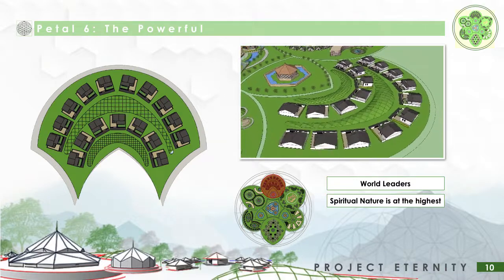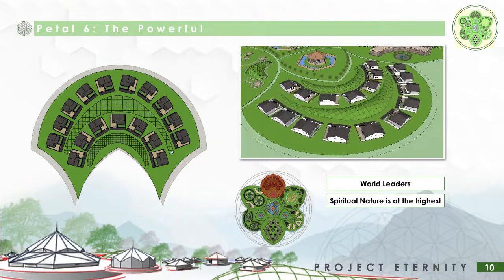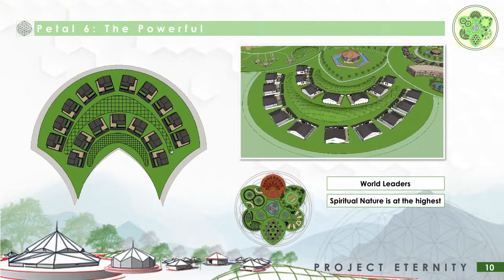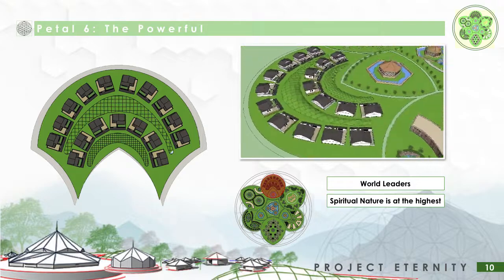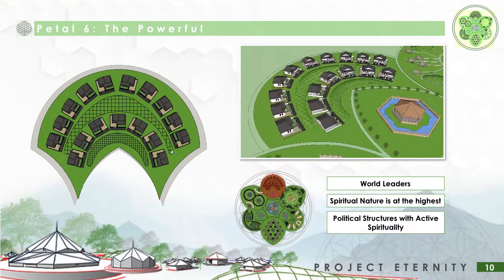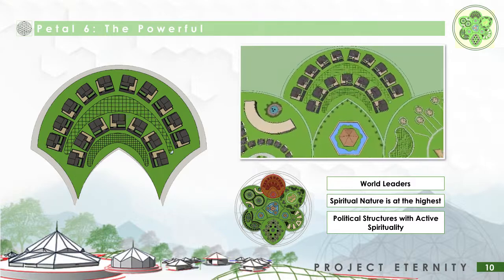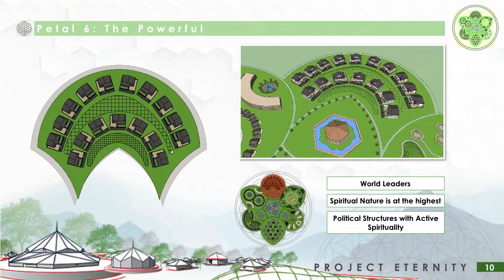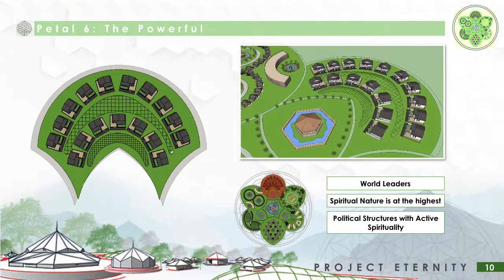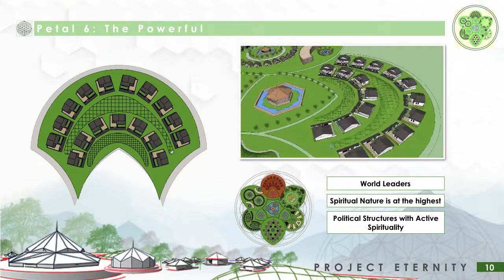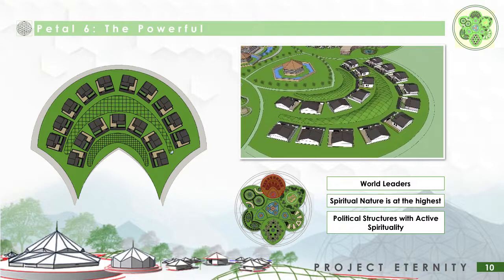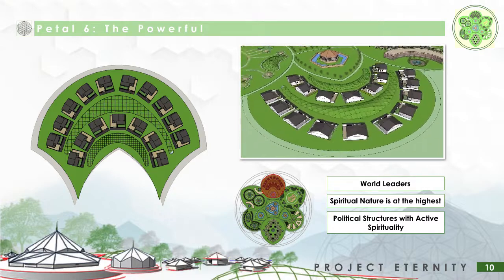So which means the spiritual nature of humanity is always at its highest, and the moment we bring these political structures along with spirituality, collaboration begins. The ego melts away, and then people come together to build a better world.